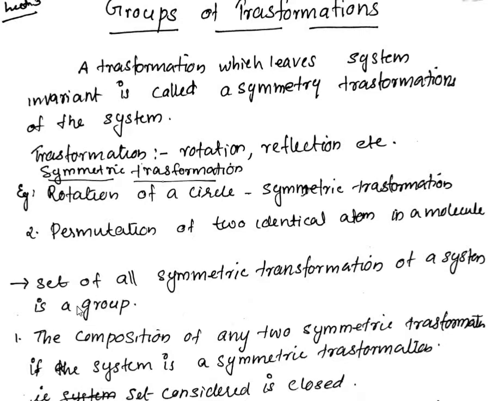The condition for these transformations to form a group is that the composition of any two symmetric transformations of the system is a symmetric transformation. If we do two symmetric transformations, we get another symmetric transformation. So the system is closed.